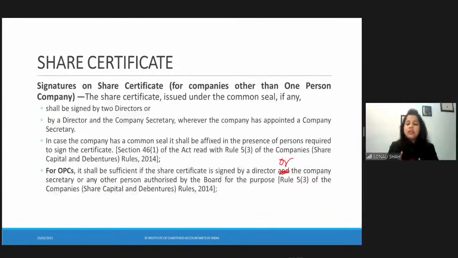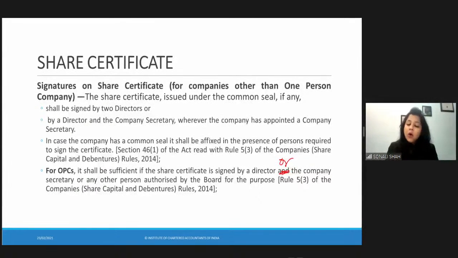First point, the share certificate has to be signed. As a regular procedure, it can be signed by 2 directors or by 1 director and the company secretary, where the company secretary has been appointed. Where the company has a common seal, the common seal will be affixed in the presence of the people who are required to sign the certificate, that is 2 directors or a director and a company secretary.